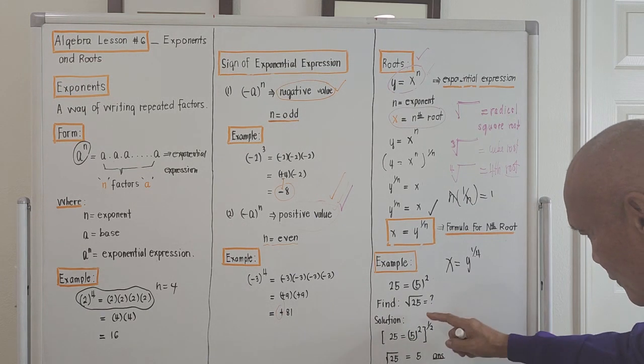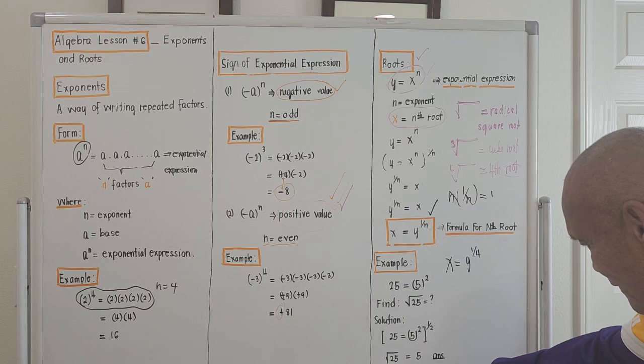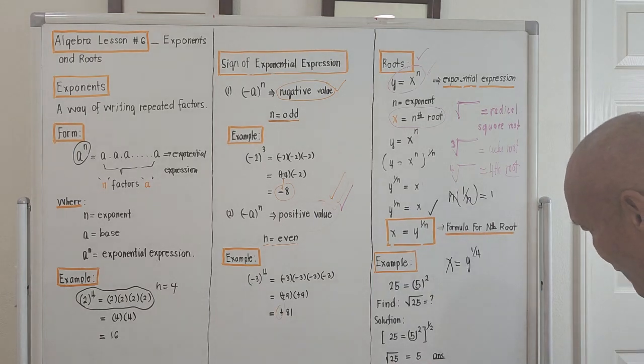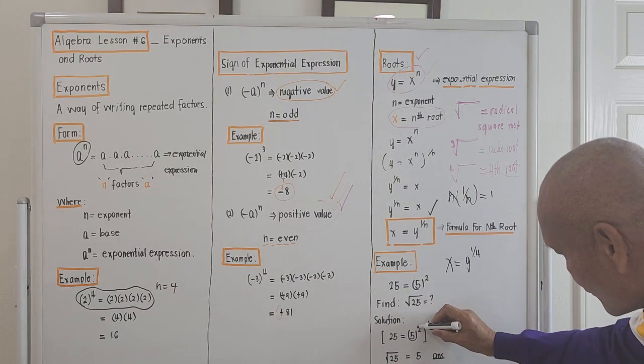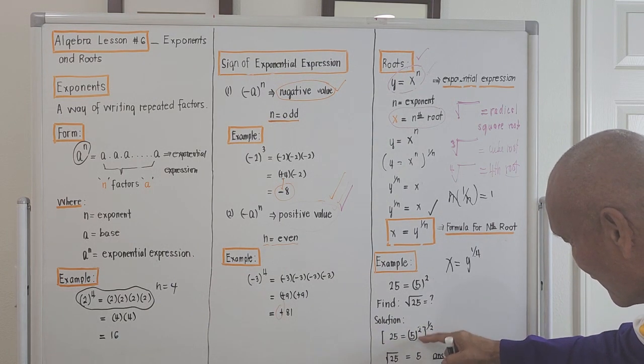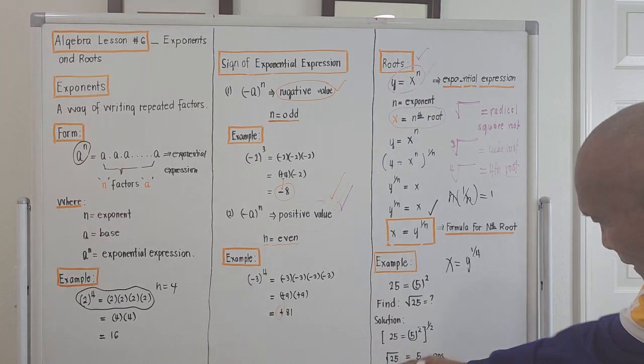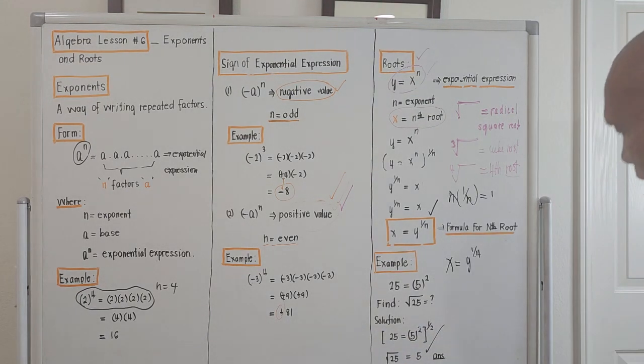So 25 to the 1 half is the square root of 25, and on the right hand side, these two cancel. So the power of 5 now will be 1. So the square root of 25 is 5. As simple as that.